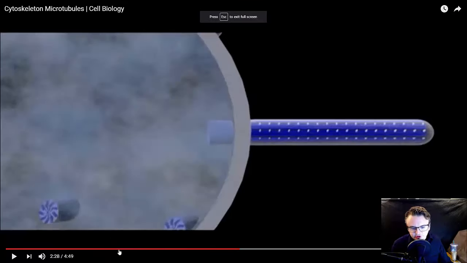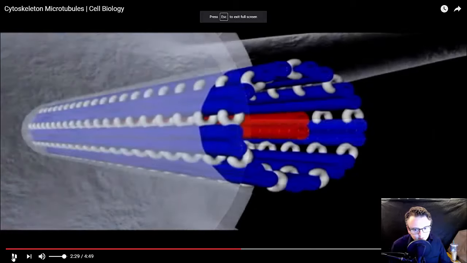What they're going to essentially show is the 9+2 arrangement here. So here we have the 2 pairs of tubes in the middle, followed by 9 pairs around the outside, called the 9+2. I'll let the video talk for itself, but this is going to act as a way for the flagella to move. So it'll show you how that works here.